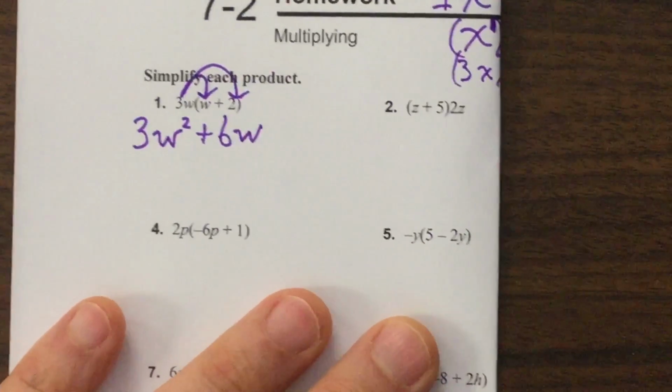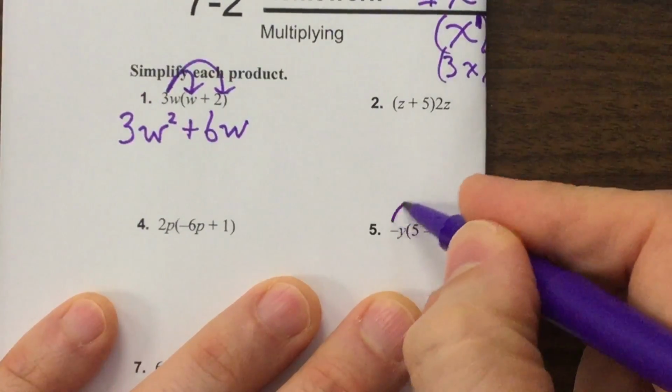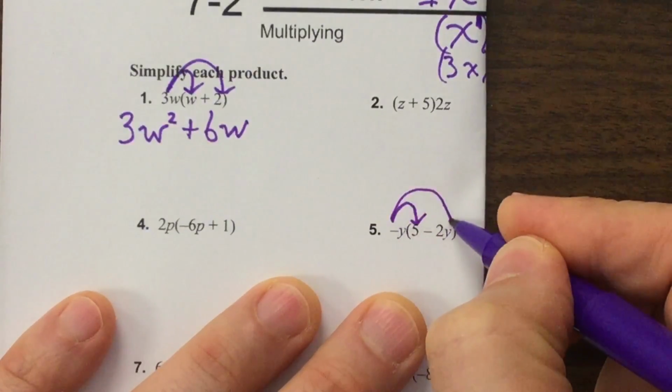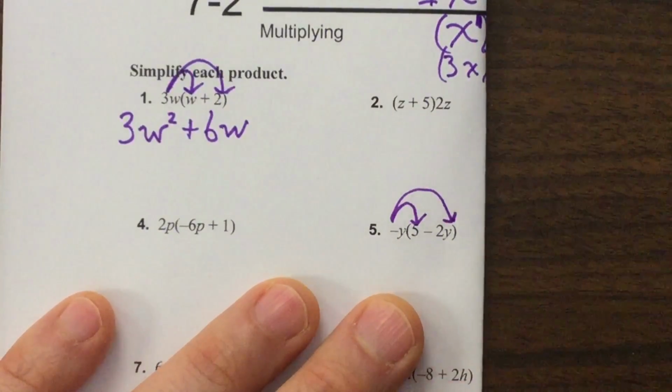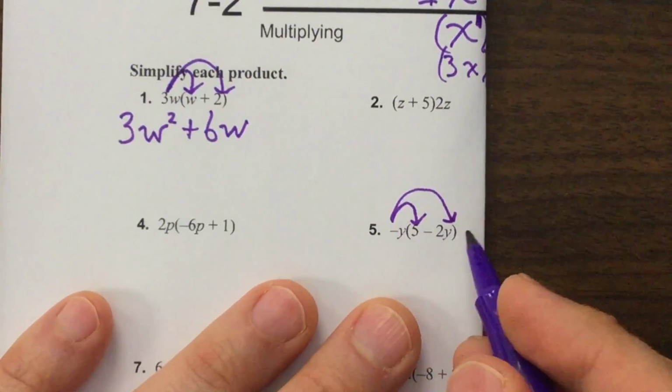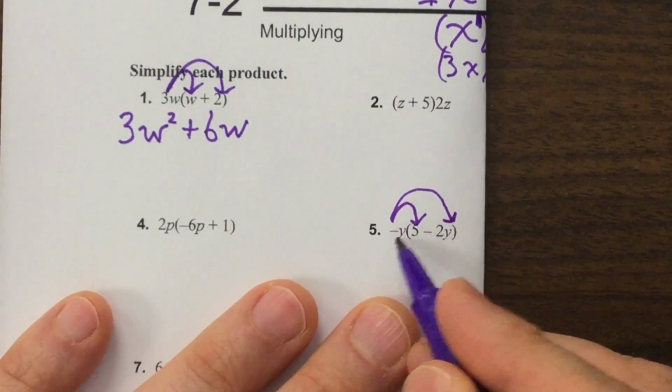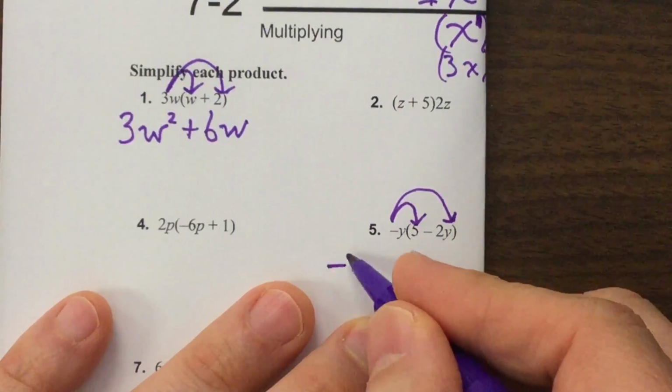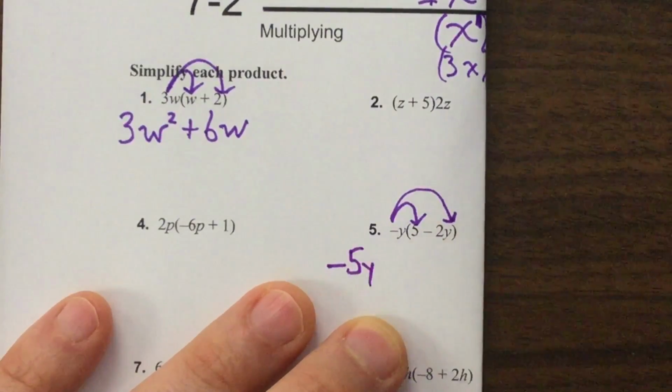Okay, number 5. We have negative 5 distributing here and here. We've got to pay attention to our integer rules when you're multiplying negatives and positives or negatives and negatives. Here, negative y times positive 5 is going to be a negative answer, negative 5y.